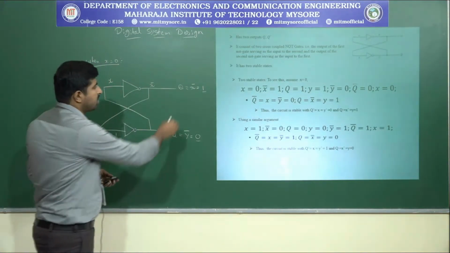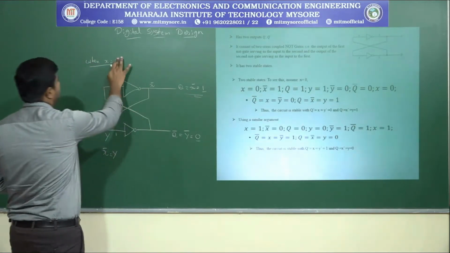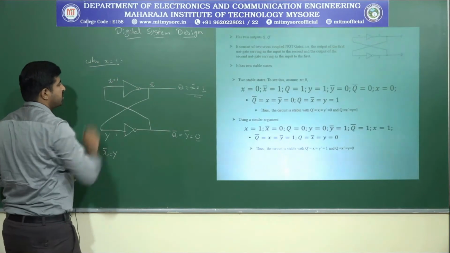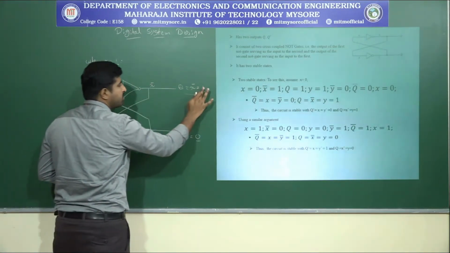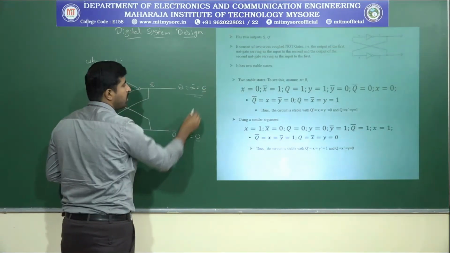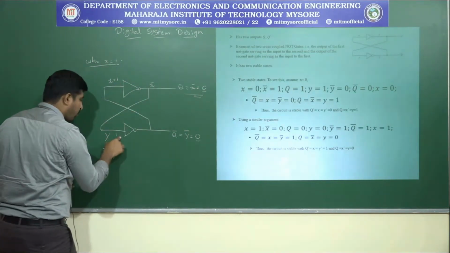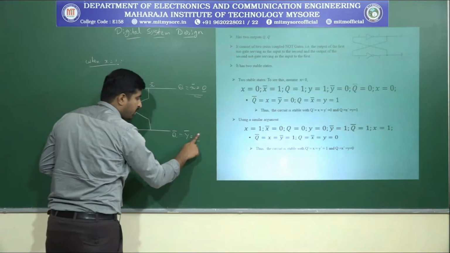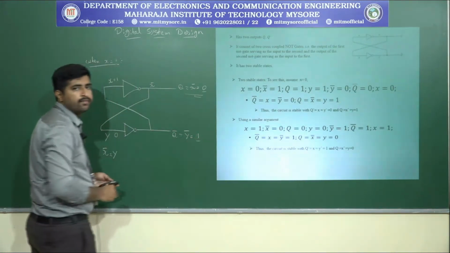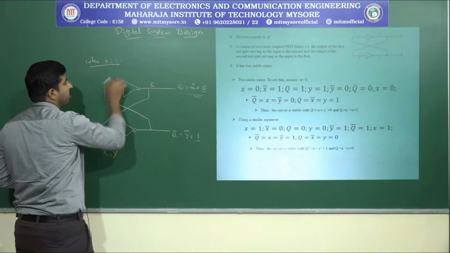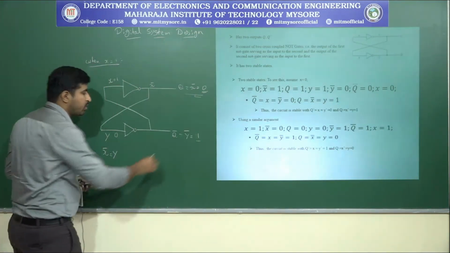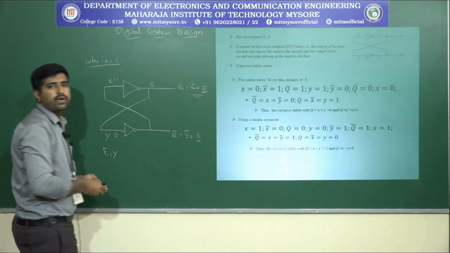Similarly, if you give X equals to 1, what will happen? X bar will give a 0, and this 0 will feed into Y. So Q bar will be logic 1. When X equals to 1, we always have a stable value of Q equals to 0 and Q bar equals to logic 1.